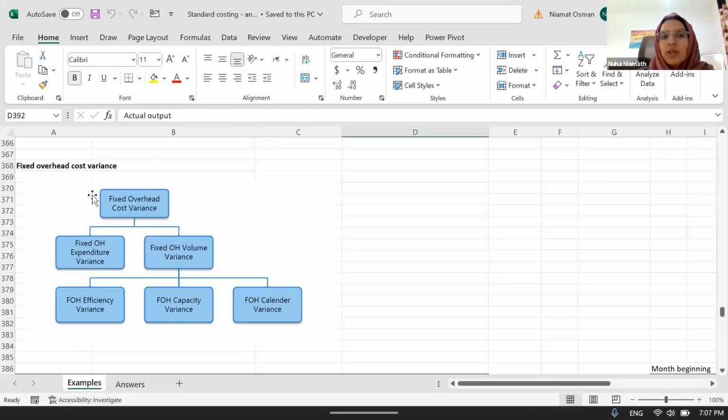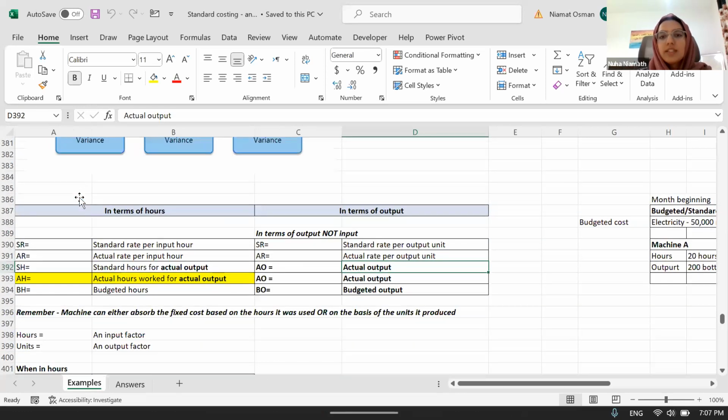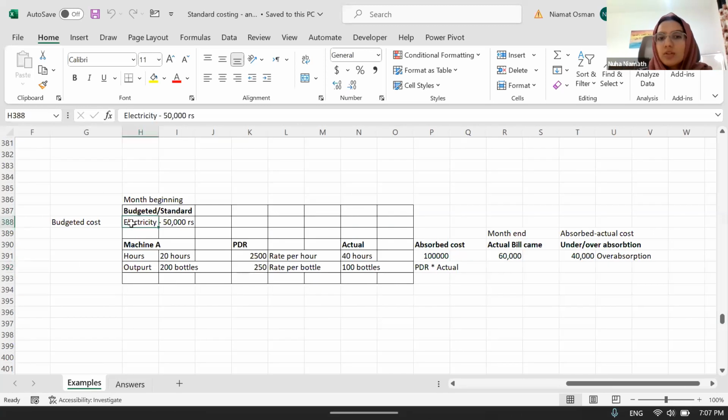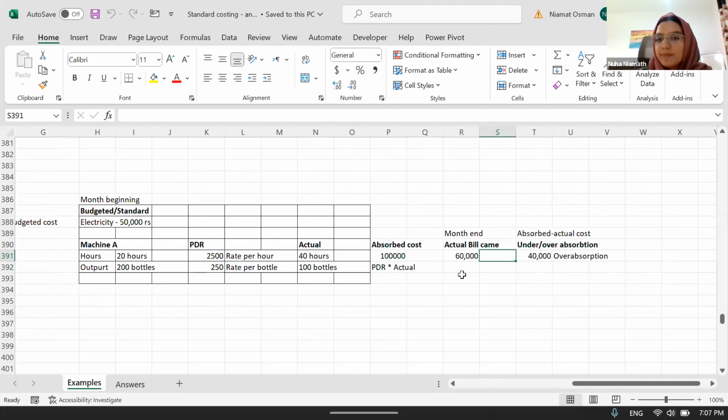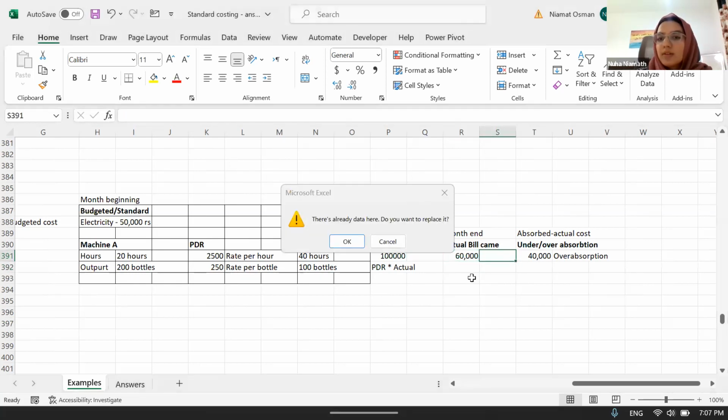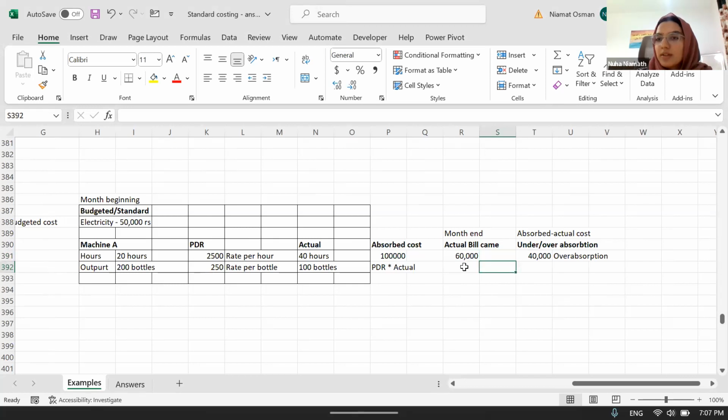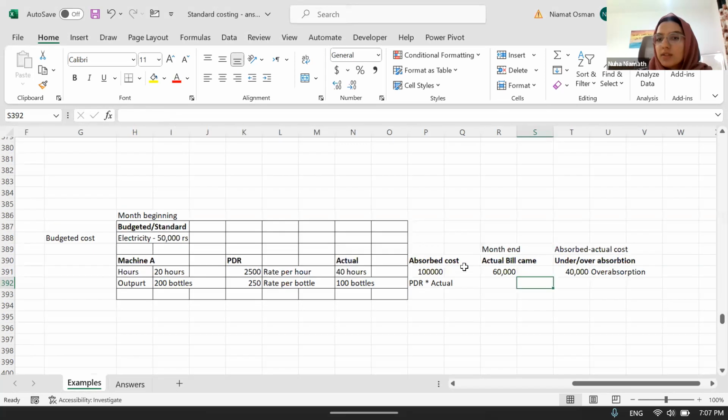I'm talking about fixed overhead cost variance. It's the difference between which two? Do you remember the example we did yesterday? 50,000 was the budgeted, 1 lakh was absorbed, and 60,000 was the actual bill. So the difference between 1 lakh and 60,000 was our fixed overhead cost variance.